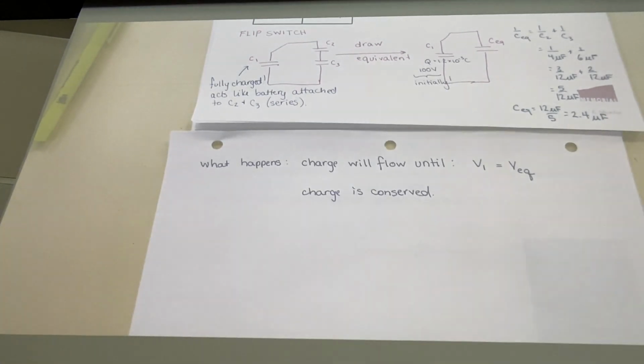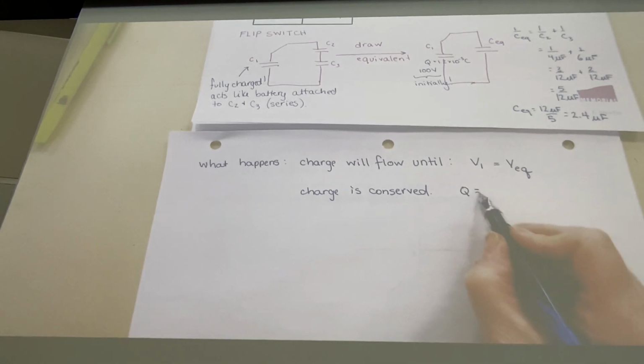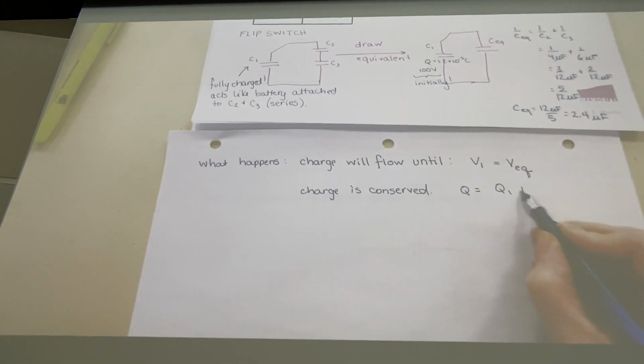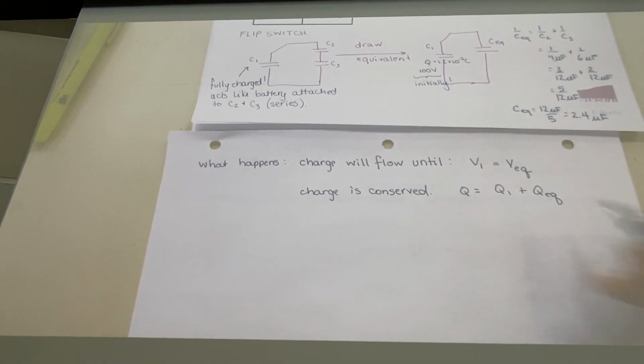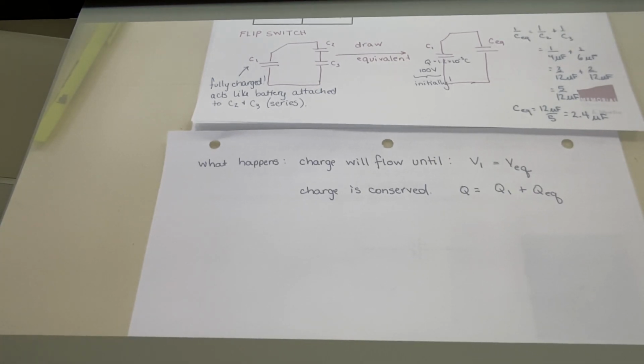So if charge is conserved, the net charge Q is going to be divided over the two capacitances. Q1 plus Q equivalent. So everybody okay with those ideas? I gotta say, this is the hard part of this problem, is recognizing those two bits of information. They have to have the same potential, and the total charge has to stay the same. So this is the hard part.